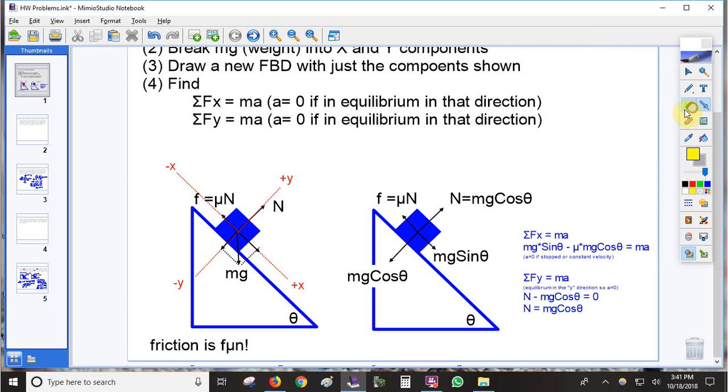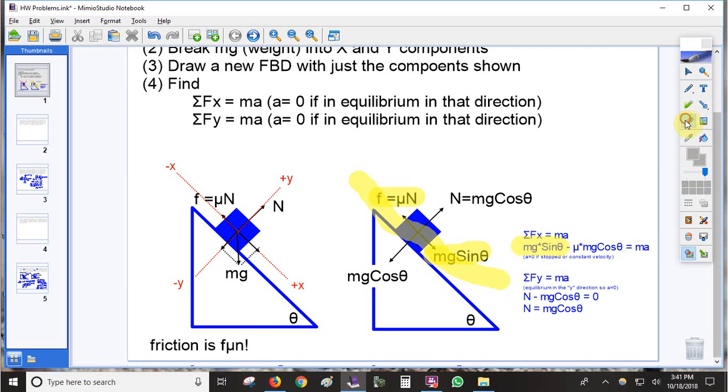So in the x direction, this direction, we have mg sine theta and we have friction. In the positive x direction, we have mg sine theta. In the negative x direction, we have friction.